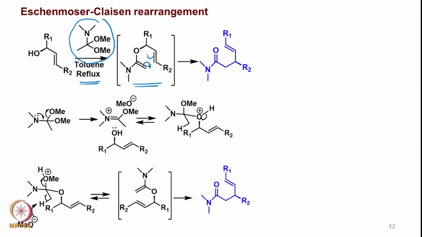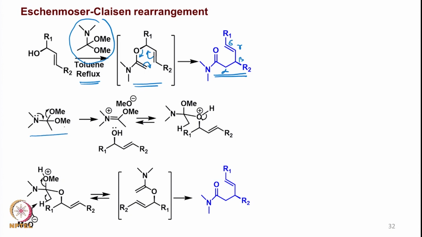So this of course goes in this way to form this intermediate, which is again like an alpha, beta, gamma, delta unsaturated amide type of system. So how does this form, and then further aspects of it we will discuss next time, but right now how does it form?